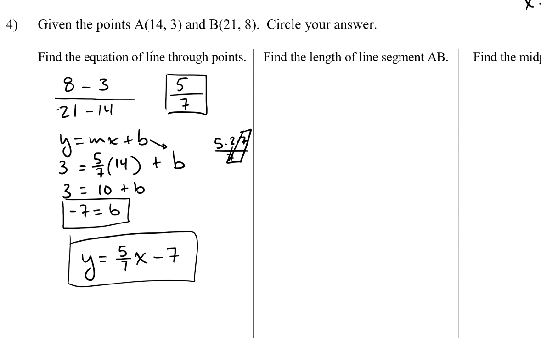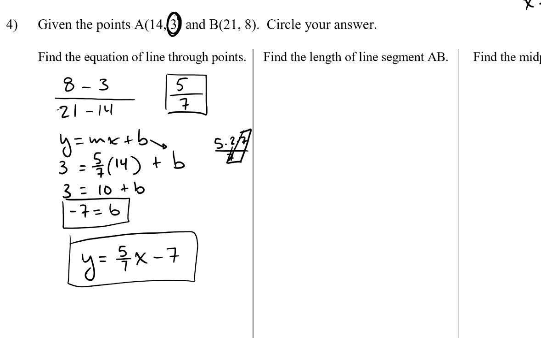When I plug the x and y values in, it should make it true. I already did it with the first point: 5/7 times 14 gives me 10, and 10 minus 7 is indeed 3. So it clearly checks there.